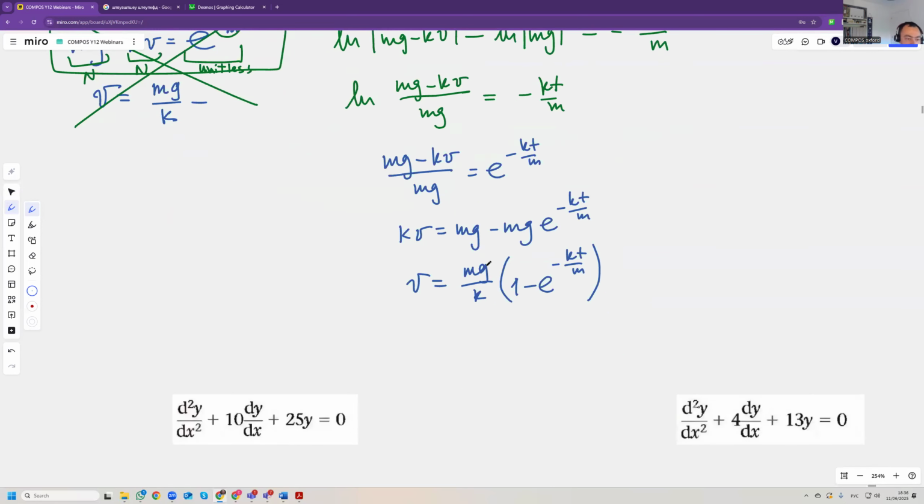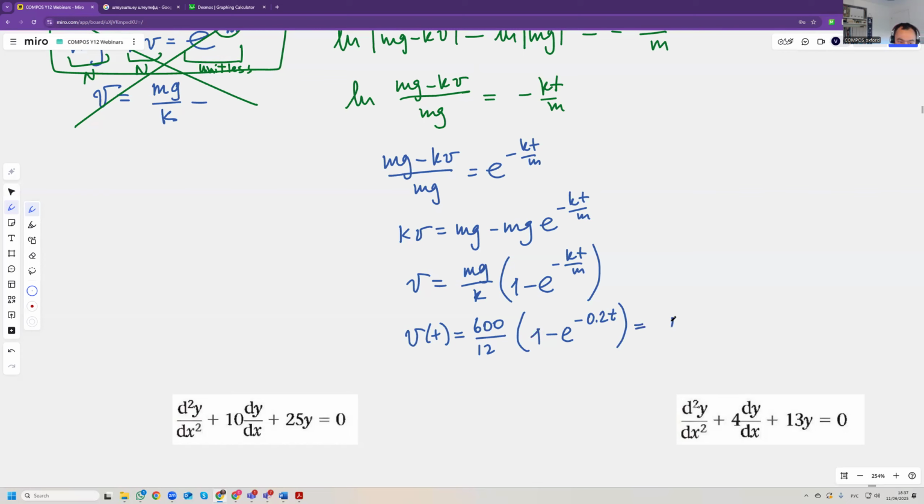Brilliant. So now I just need to sub in the values. So v of t, m is 60, 600 divided by k, which is 12, open bracket, 1 minus e to the minus k over m t, where k is 12 and m is 60, so 1/5, which is 0.2 t.